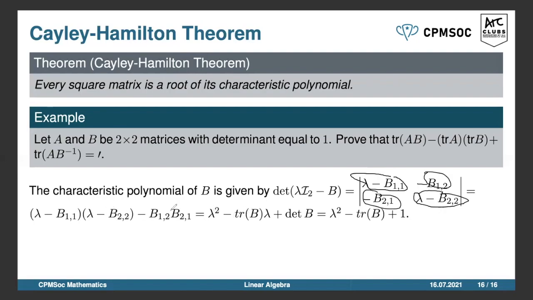And so if we just expand out, well, we're going to have a lambda squared, certainly. And we're going to have lambda times b11, lambda times b22. So we're going to subtract that.